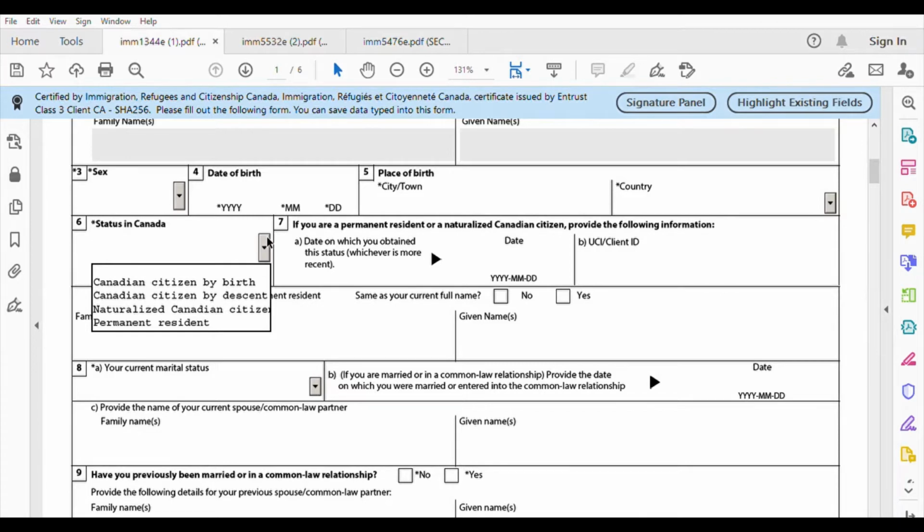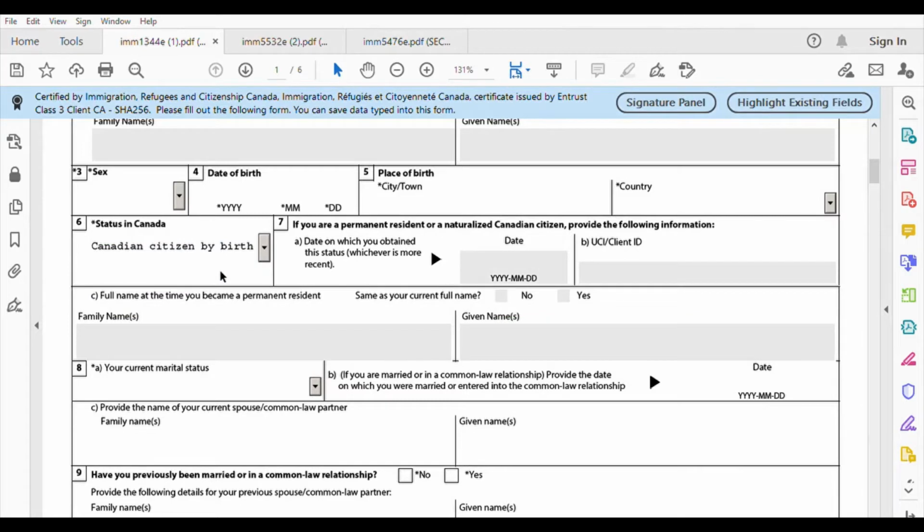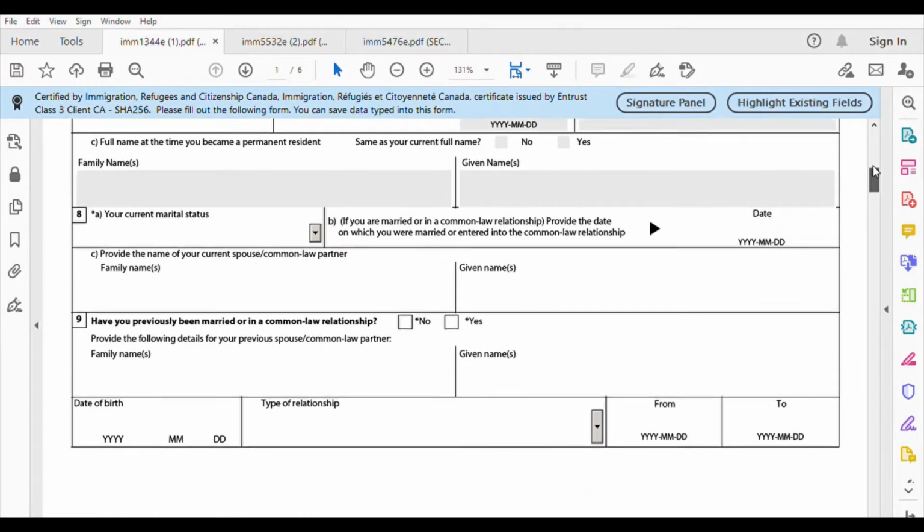And if there is a permanent resident who wants to sponsor his partner or his spouse, he also lives inside Canada. So we choose whether the sponsor is a Canadian citizen by birth, by descent, a naturalized Canadian citizen, or a permanent resident. Let's say Canadian citizen by birth. Here you see the color changed, so we don't need to fill those parts.